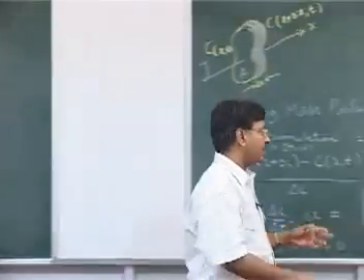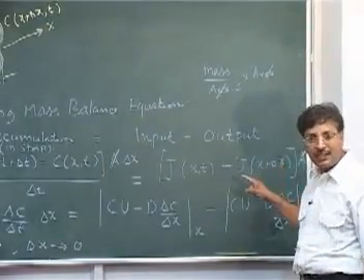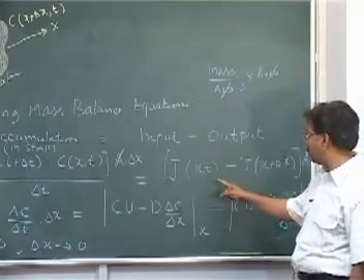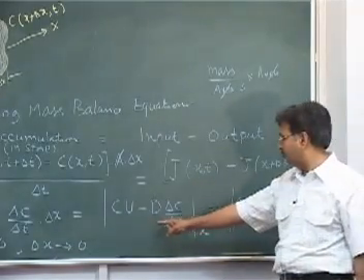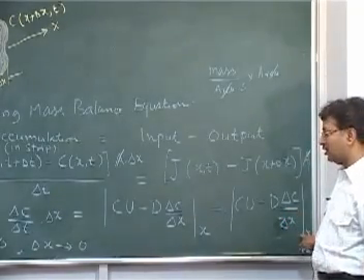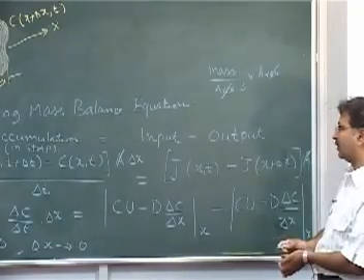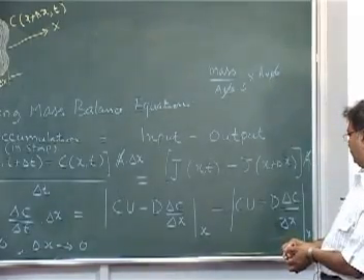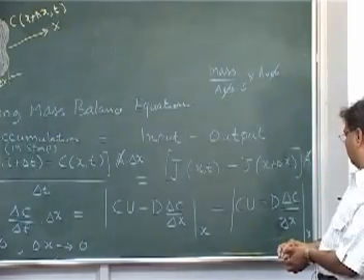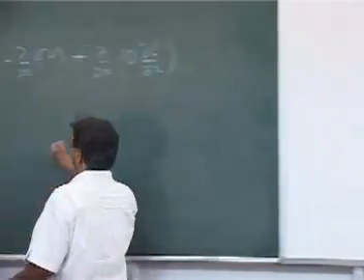For the derivative, it is the concentration at x plus delta x minus the concentration at x, whatever. But you see here, this term is plus. Okay, minus this, or have we got it the other way? We got the other way.